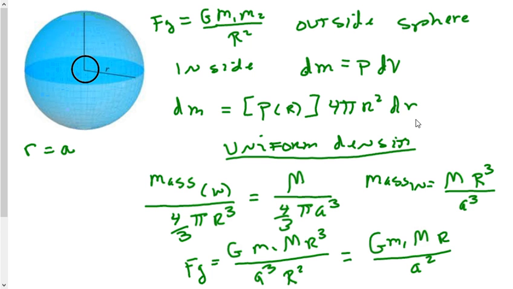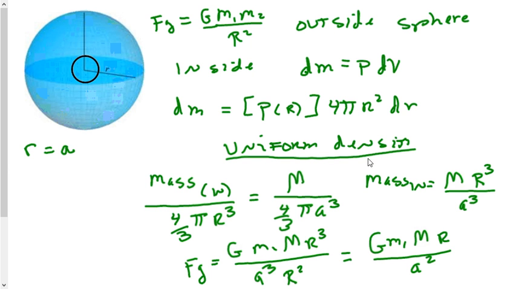Okay. Let's look at uniform density, though. Let's say we're inside the sphere here. So this sphere has a radius, and let's say the total radius is equal to some value a, and then r is going to represent the location from the center where we are inside the sphere. So of course, if we're located at the surface, then our radius would be a, and then we've got the whole mass of the planet here.